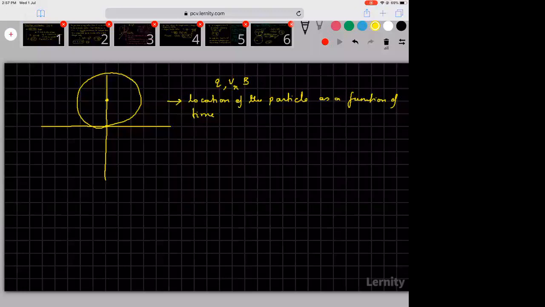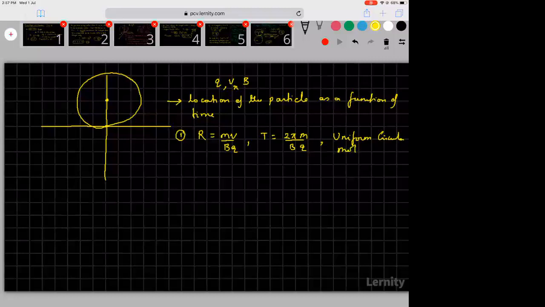So first I told you that radius is equal to mv by Bq. You understood, I also understood. Then I told you time period is equal to 2 pi m by Bq. You understood, I also understood. Then I told you that the particle is moving with uniform circular motion.